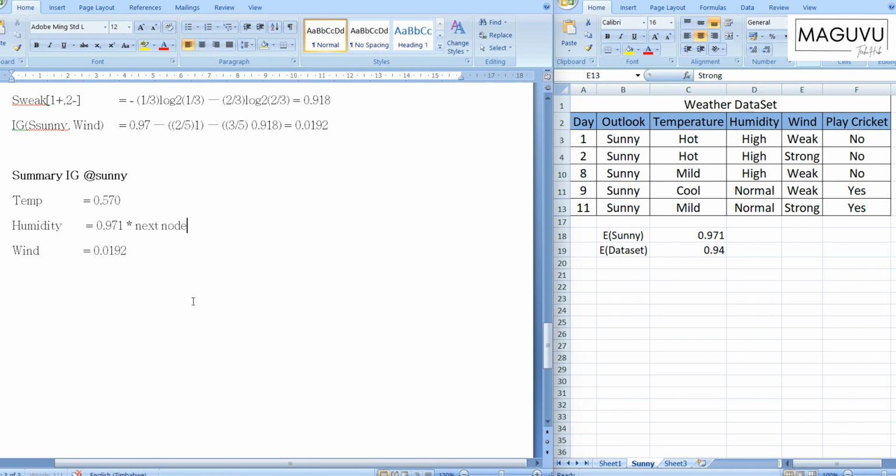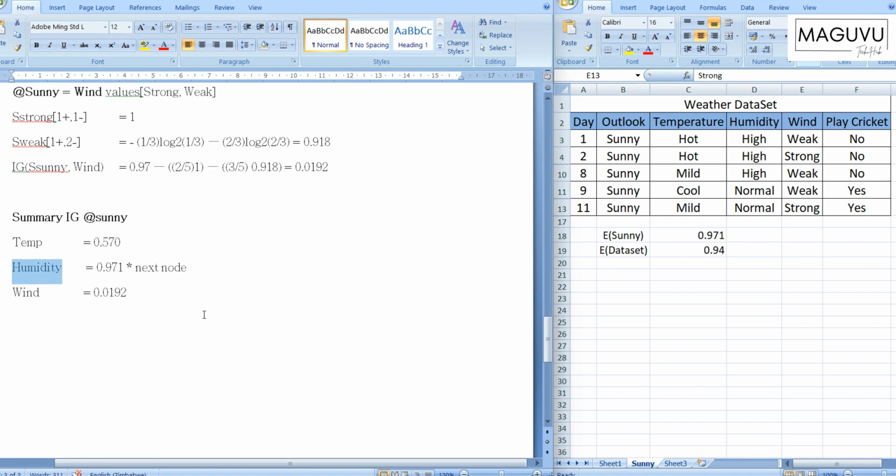Okay, so while we are at sun, we then want to draw our decision tree while we are standing at sun. So we have discovered that the next node is humidity.